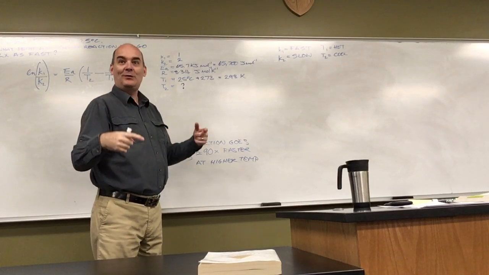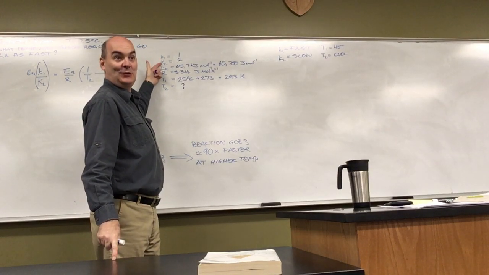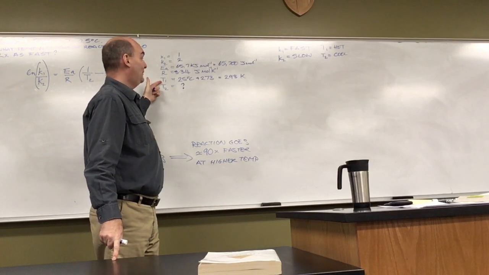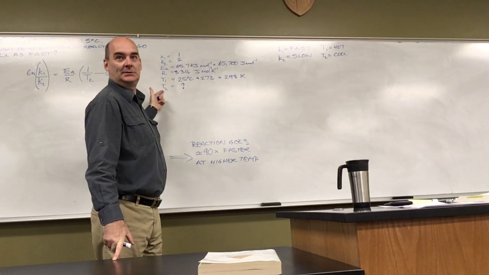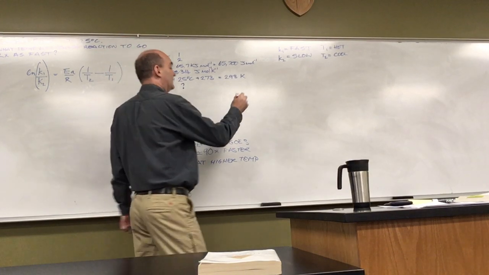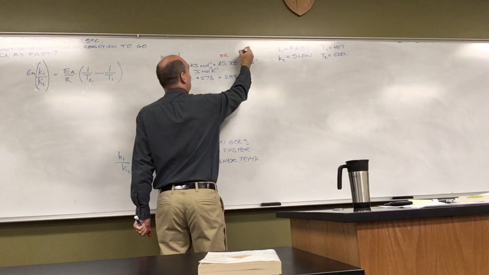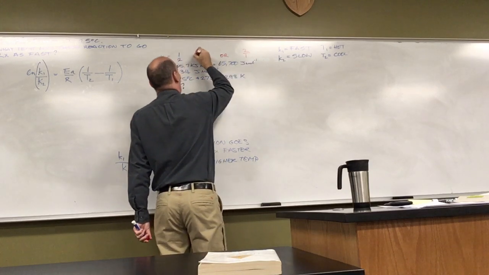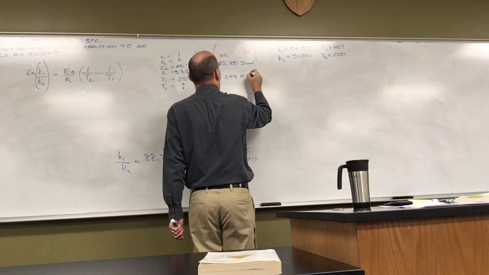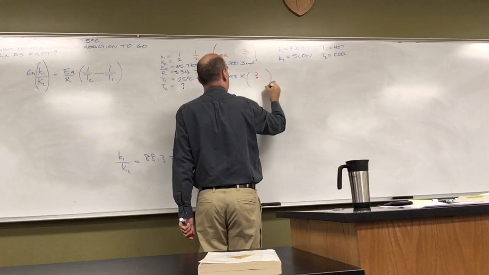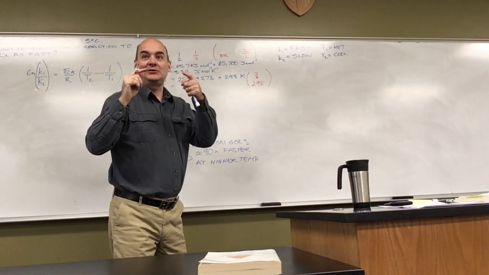If I turn it the other way around and I made K1 be 2 and K2 be 1, then the 25 degrees Celsius has to be T2. It doesn't matter. Or 2 over 1. So this is going to be 1 over 2. Or you could do 2 over 1 and have that number be the unknown and this number be the 298. Okay? Just get the relationship right.